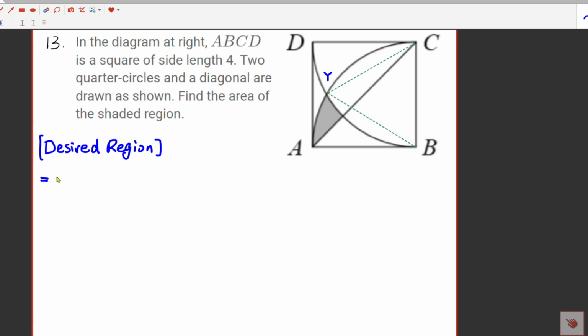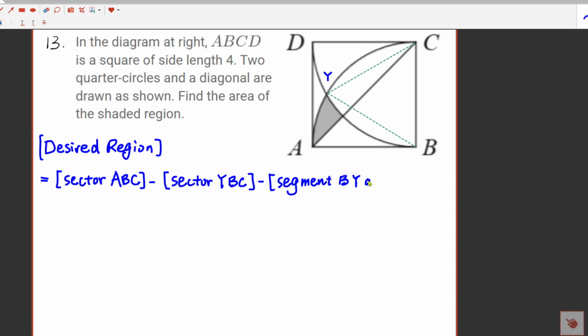can be expressed as the area of sector ABC subtracted by the area of sector YBC, subtracted by the area of segment BY of circle C, and then finally subtracted by the area AX.